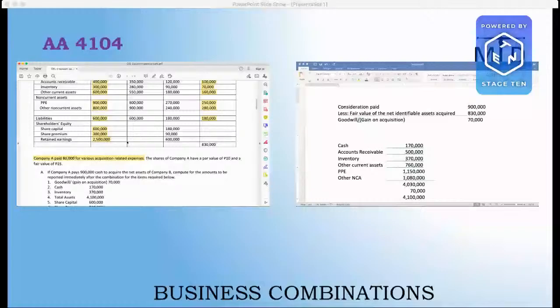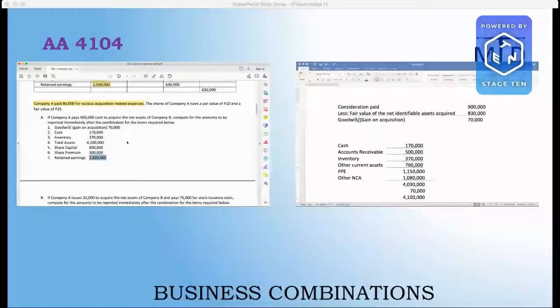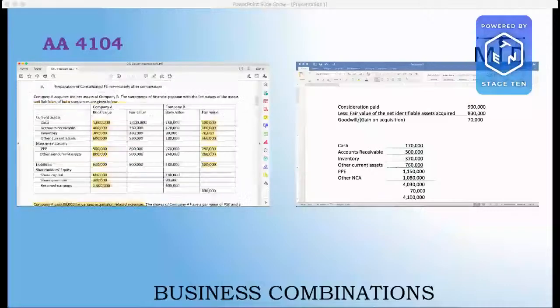Did the combination result in a gain? Then do not forget to close the gain to the retained earnings. The class involves gain on acquisition, so we will be able to illustrate that later on when we discuss problem letter B. But as of now, we will end here.